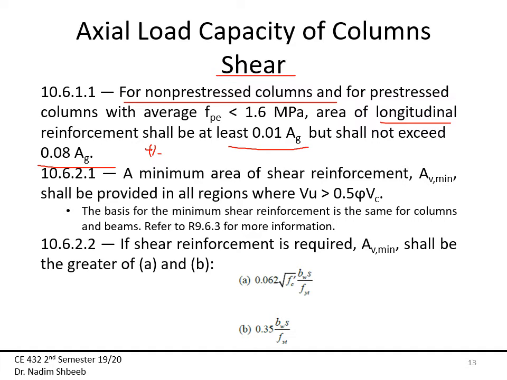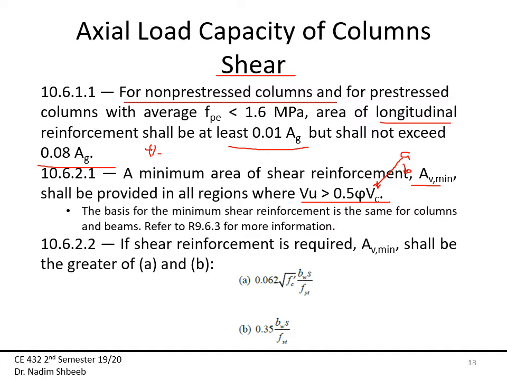As far as shear reinforcement goes, we need to supply what we call Av minimum in the regions where my Vu is larger than half phi Vc. Okay, now phi Vc again, you can take that either from equation A or equation B. Okay, whatever we took in shear regarding slabs and beams is applicable to columns.